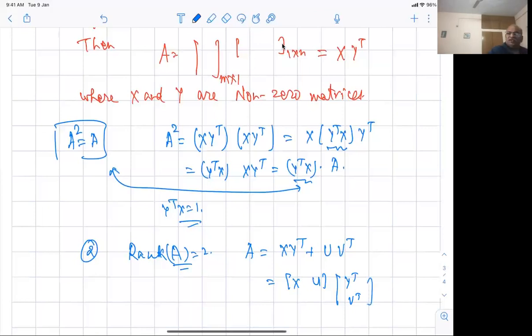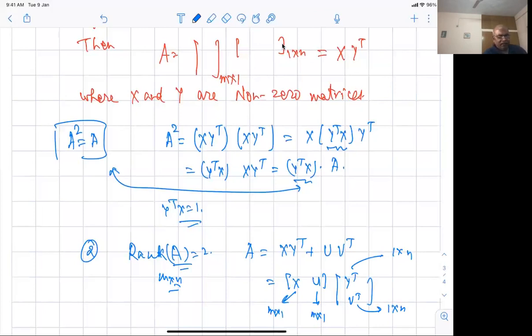The transposes have come basically because all our vectors are column vectors. So this will be of size m cross 1, this is also m cross 1. What will happen to y? y transpose is 1 cross something. I want an m cross n matrix, so it has to be 1 cross n. This will also be 1 cross n. Fine. So matrix multiplication makes sense.